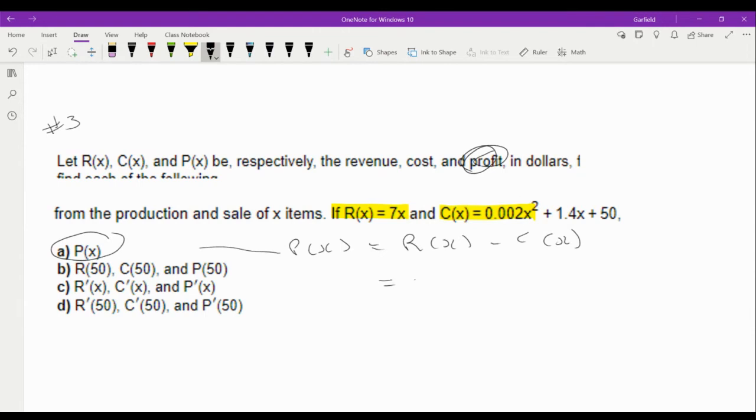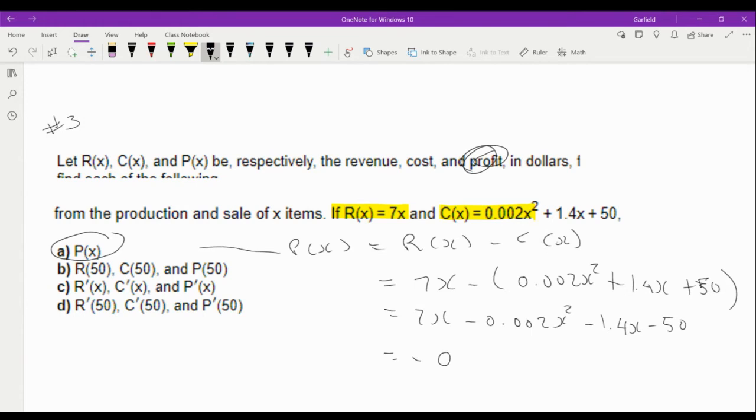So this becomes 7x minus 0.002x squared plus 1.4x plus 50. And when you distribute that, that's 7x minus 0.002x squared minus 1.4x minus 50.